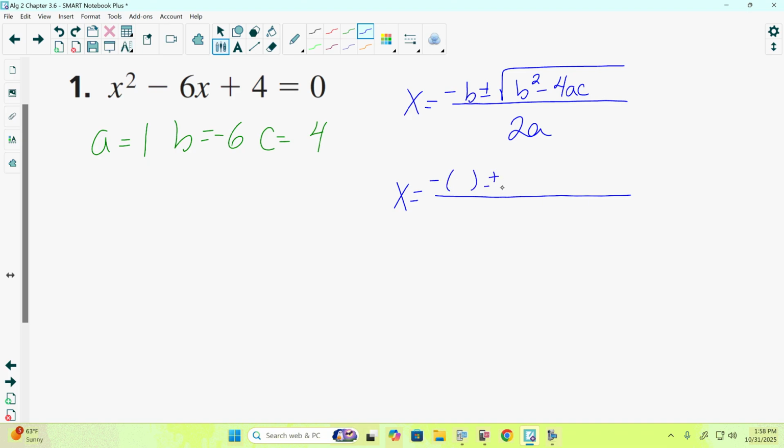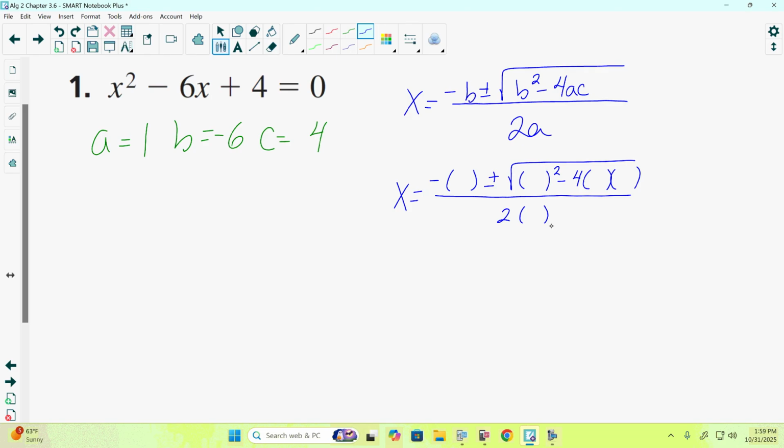Now we're going to go through and plug these in. And my biggest thing, especially if you struggle or don't feel comfortable with negatives, squaring, or any of this process, especially with simplifying, the biggest thing I would say, especially on the test, is write it out with the numbers plugged in.